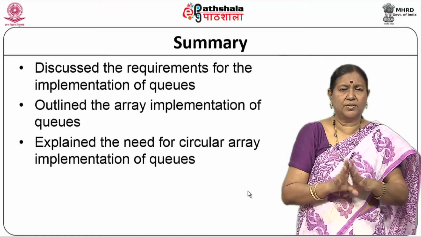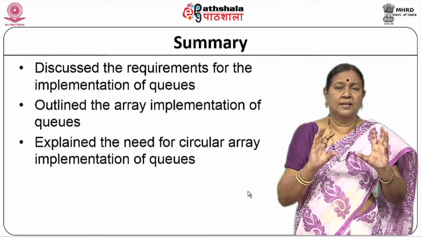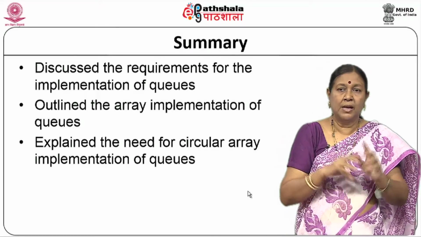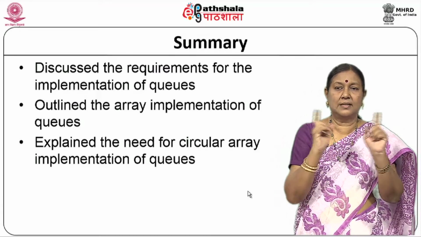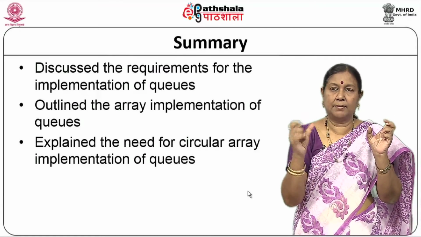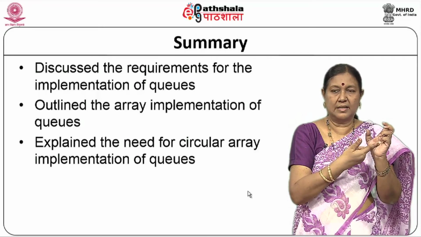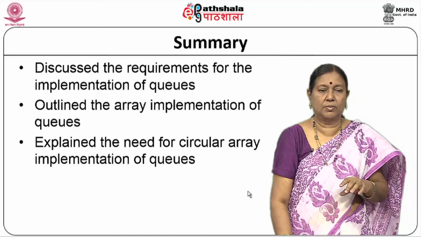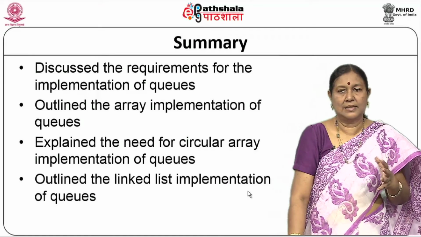Circular array implementation of queues is only the viewpoint that you have a mod increment operation, that is the basic difference, otherwise it is the same, but the concept is wrap around. So, the last element is succeeded by the 0th element, the 0th element is preceded by the nth element. And we outlined the linked list implementation.